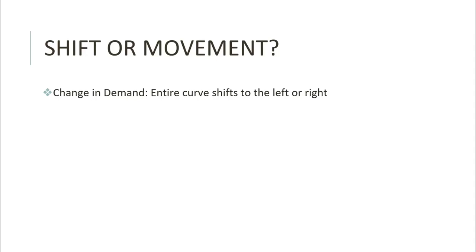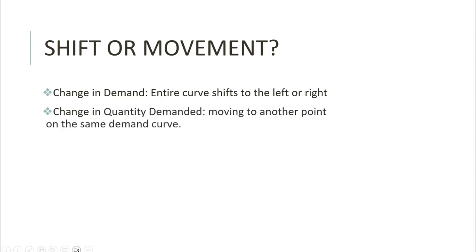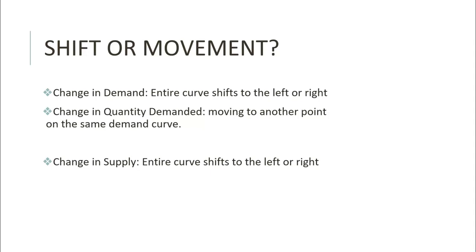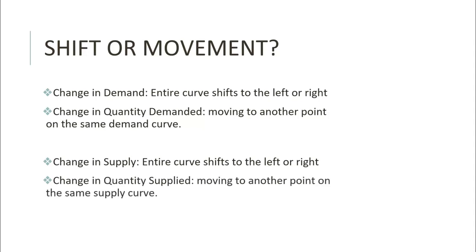So if we say change in demand, that means the whole curve moved to the left or the right. The whole thing shifted. If we say change in quantity demanded, it just means we went from one point to another point on the same line. Same thing with supply. Change in supply, the whole line is moving left or right. Change in quantity supplied, we're just moving from one point to another on the same curve.